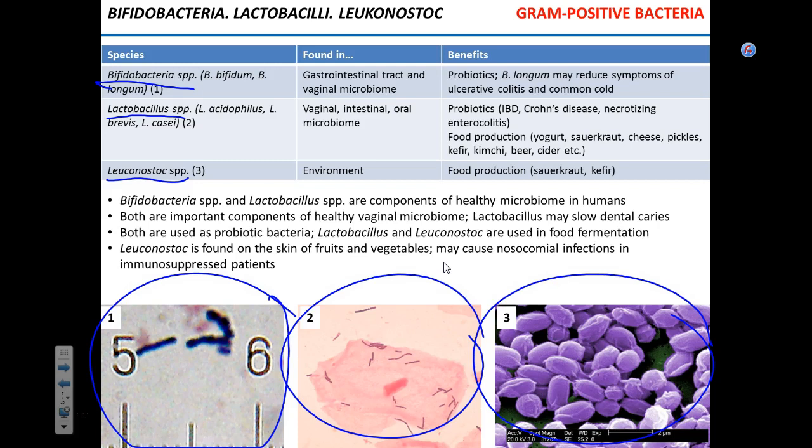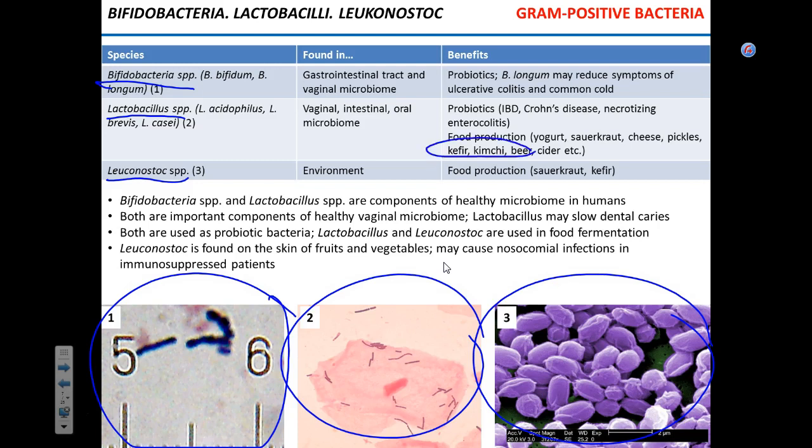Okay, and I'm going to mention only these three gram-positive probiotics. There are some gram-negative ones, but here we're going to talk only about gram-positive probiotics. So basically, bifidobacteria and lactobacilli are the two most common fermenting microorganisms found in various fermented foods, from buttermilk and yogurt to sauerkraut and beer and kimchi.